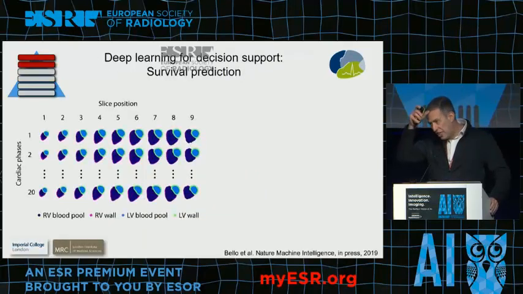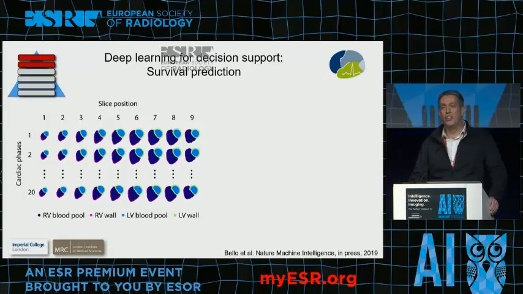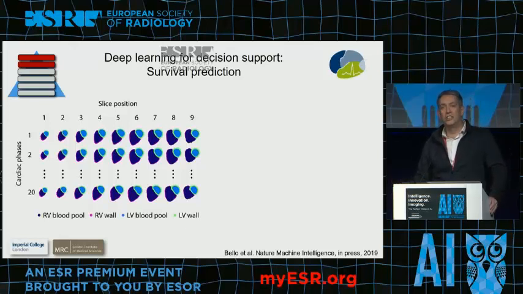So at the end, I want to also show you how we might take this forward. Of course, in many cases we are interested not only in segmenting, for example, the heart in patients with pulmonary hypertension, but in making diagnostic decisions about the patient.